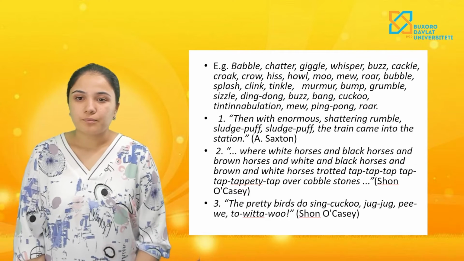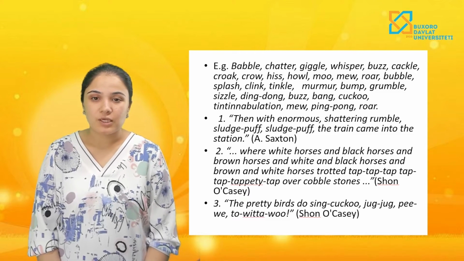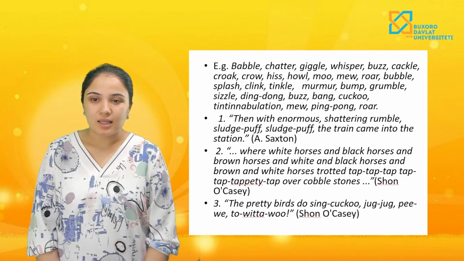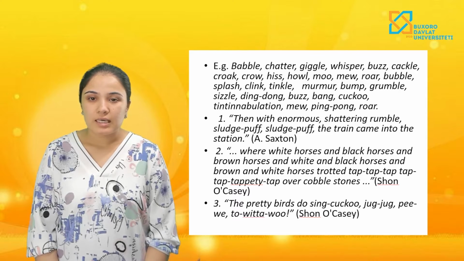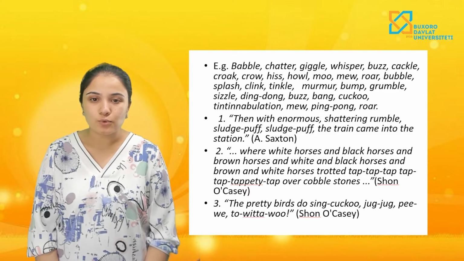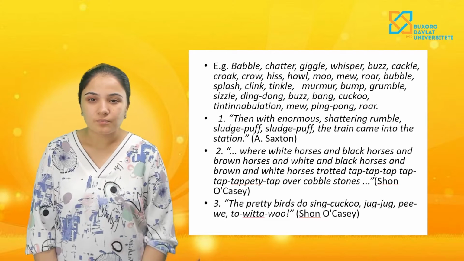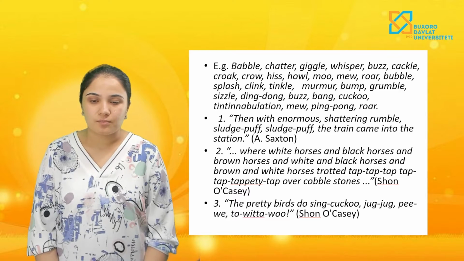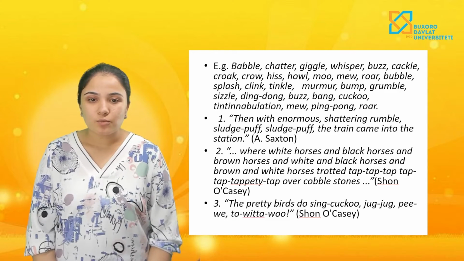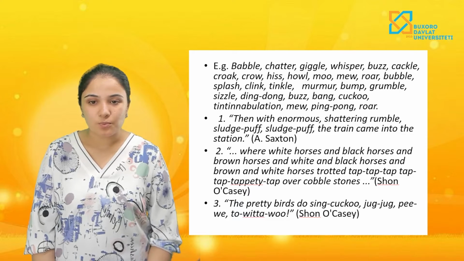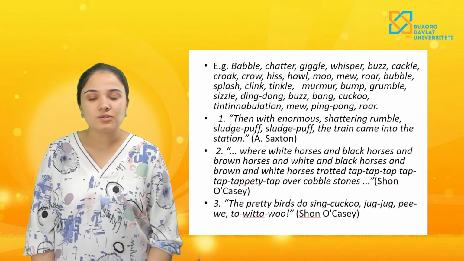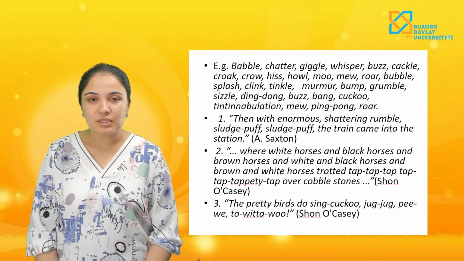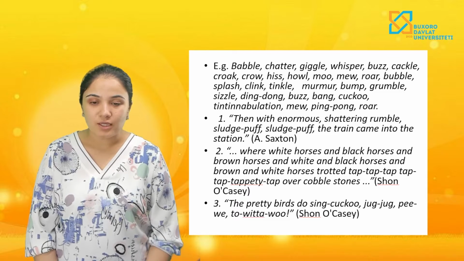For example: babble, chatter, giggle, whisper, buzz, cackle, croak, crow, hiss, howl, moo, grumble, cuckoo, ping pong, etc. Then, with an enormous shuddering rumble, sludge puff, the train came into the station. So here, sludge puff is the imitated sound of the train.